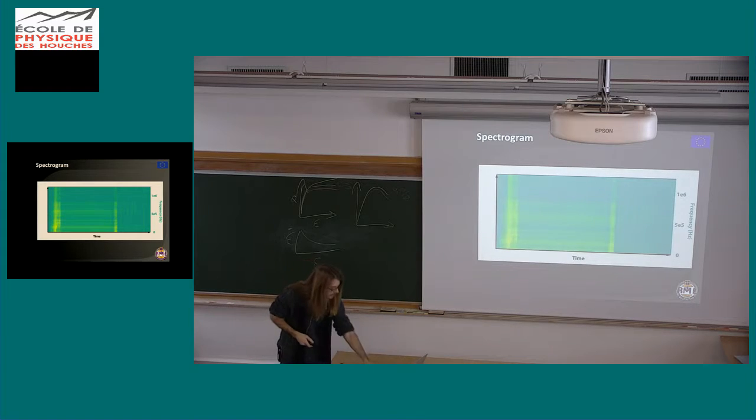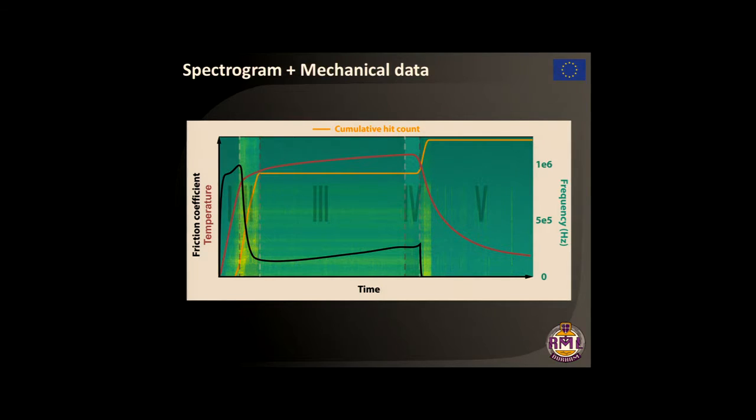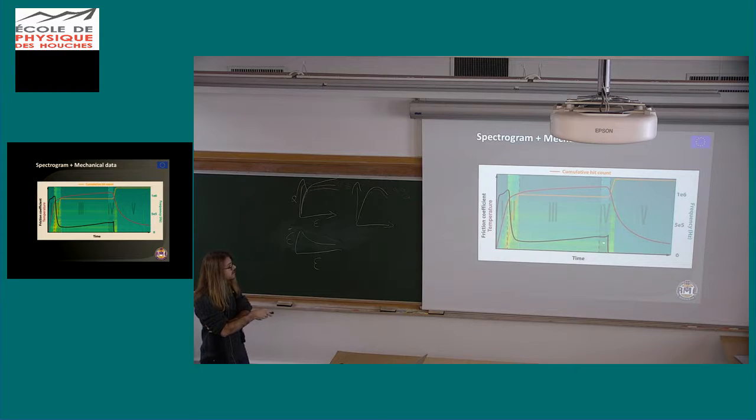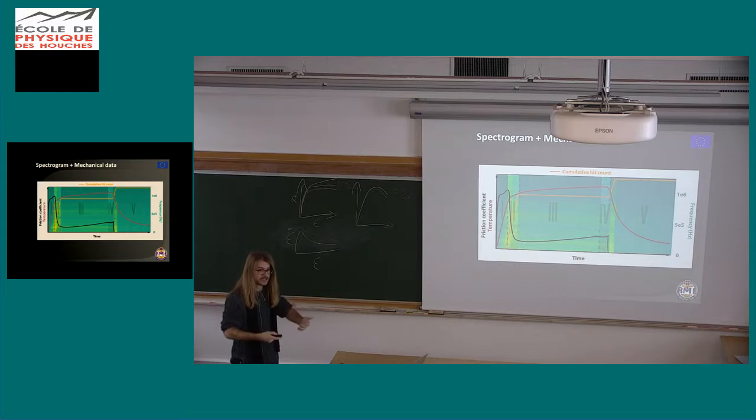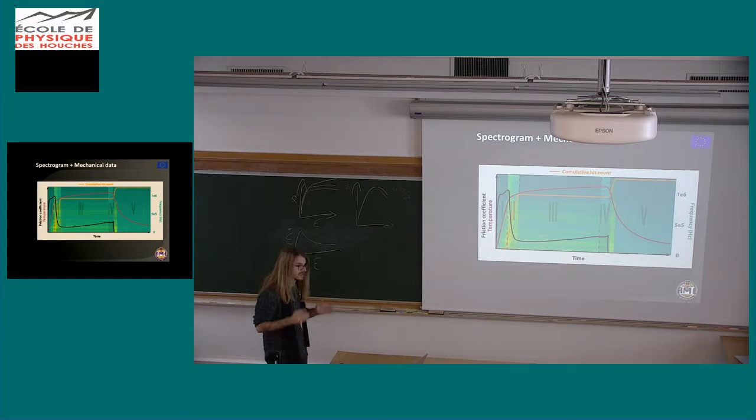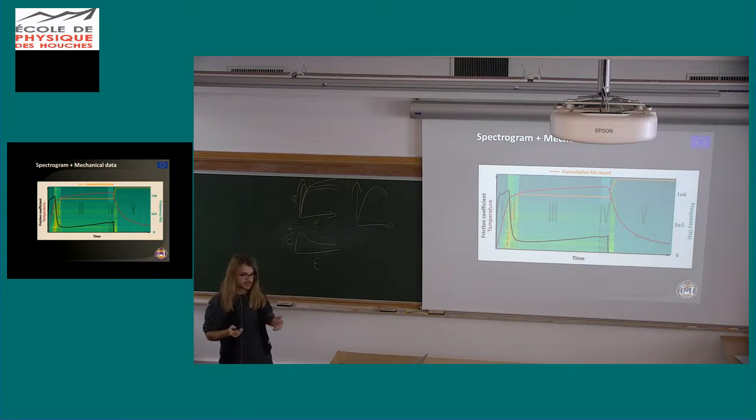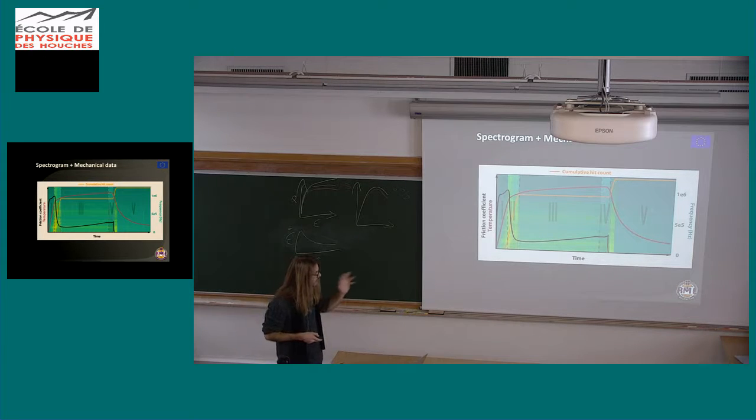If I plot the mechanical data on top, I already see that stage 3 we can consider silent compared to the other stages. And we have a lot of acoustic emissions coming out after the end of the experiment that is correlated to thermal cracking, enhancing even more the brittle overprint and hindering a little bit the interpretation of our experiments. So stage 3 is silent compared to the others.